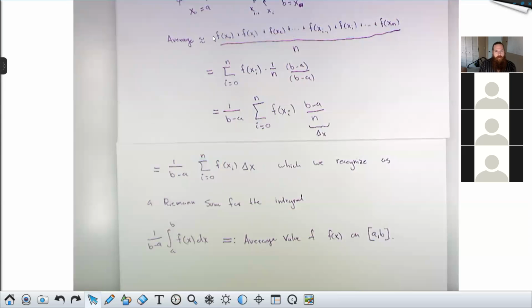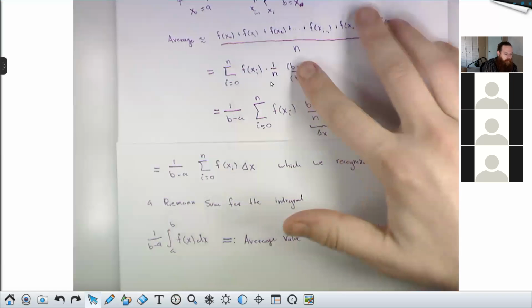So this is f of x0 plus f of x1 plus f of x2 all the way out to f of xn. That's the same as capital sigma i from 0 to n of f of xi. So this numerator in summation notation is just this piece. The n downstairs is the same as multiplying by 1 over n. And this piece I introduced later.